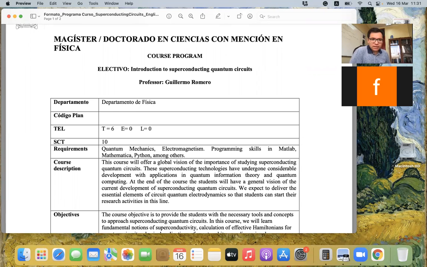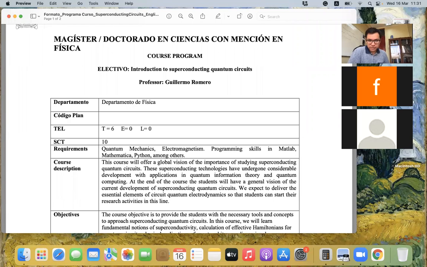Sometimes people ask me to develop a BCS theory for explaining superconductivity. And I will tell you now that this is not a necessary tool for the things that we want to describe.